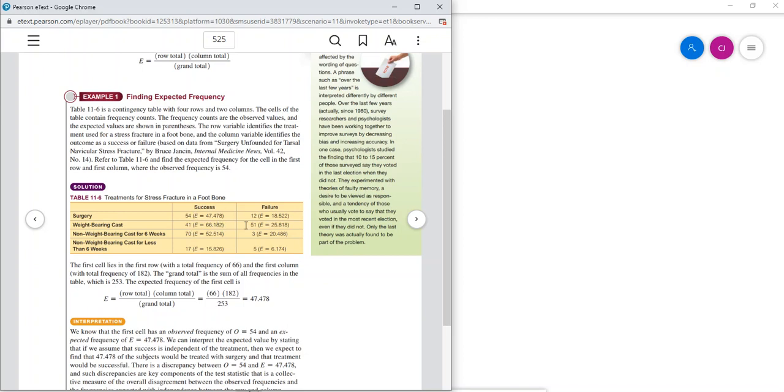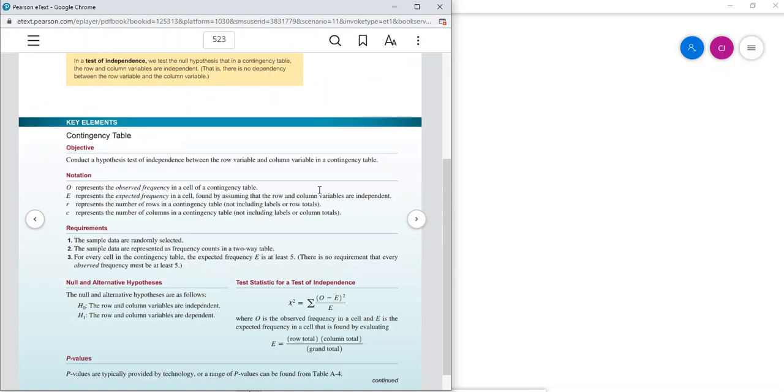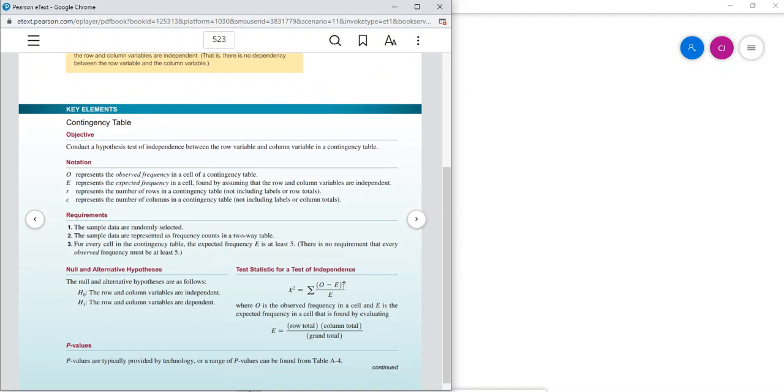And so you do that observed minus the expected squared all over the expected, which was the chi-square test statistic formula, which is right here, right? Test of independence. And we did that with the goodness of fit test. So same.